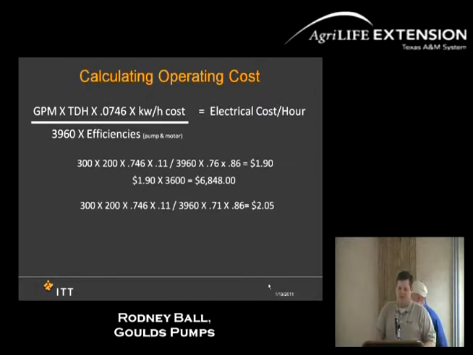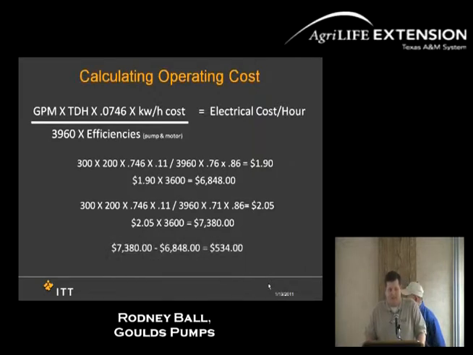So we looked at a 71% efficient pump. Depending on what your needs are, that same calculation takes you out to $2.05. You're thinking 15 cents, that's really not much. Well, when you add it up, it brings a total of $534 that you could have saved in one pump application.